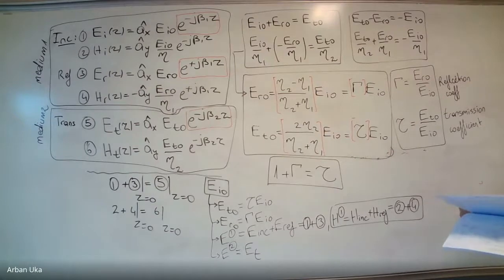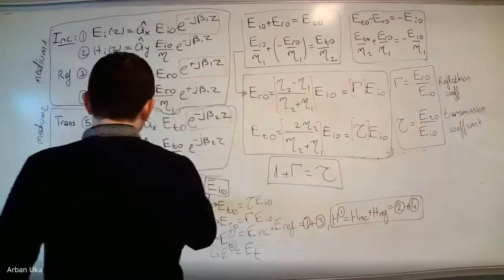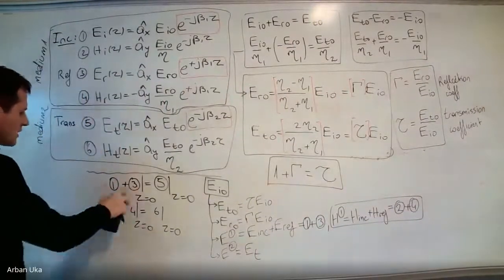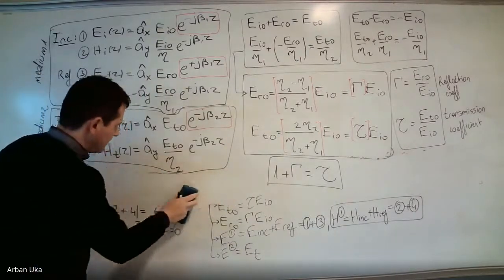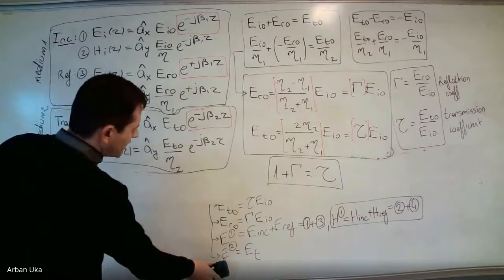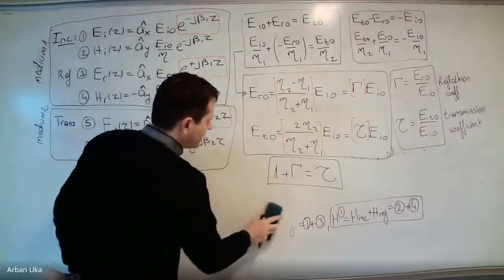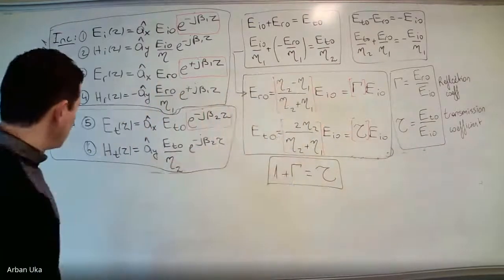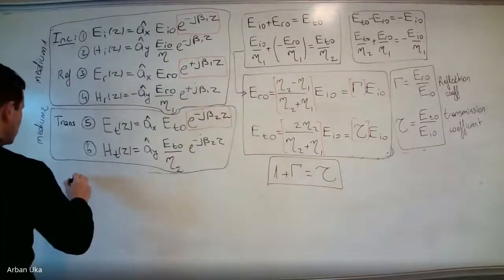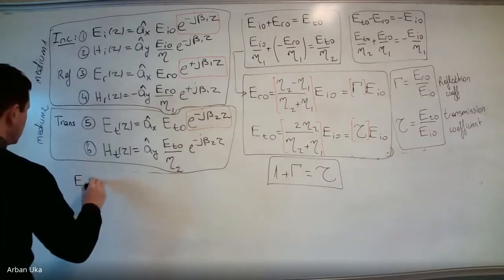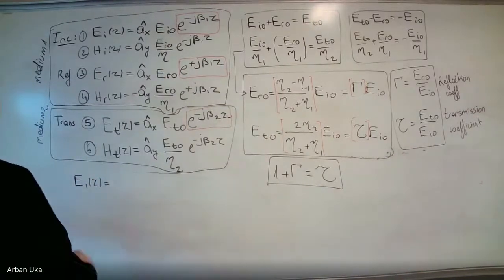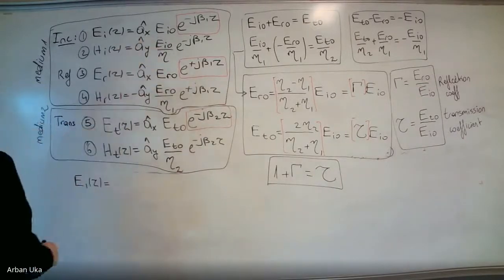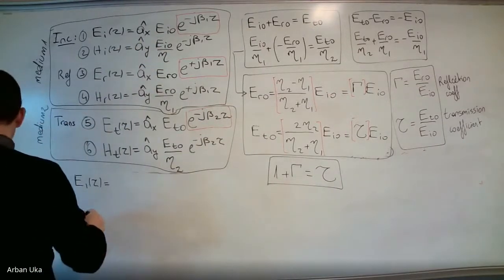Once we add these, I might need some space. So we said this is how we find the electric field and the magnetic field, by adding equations 1 and 3 for region 1. Let's try to write E1 in terms of z. This is equal to adding this term and this term.